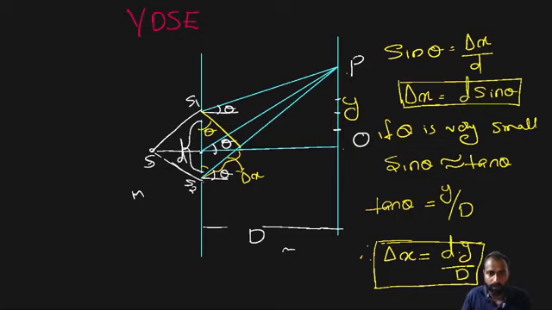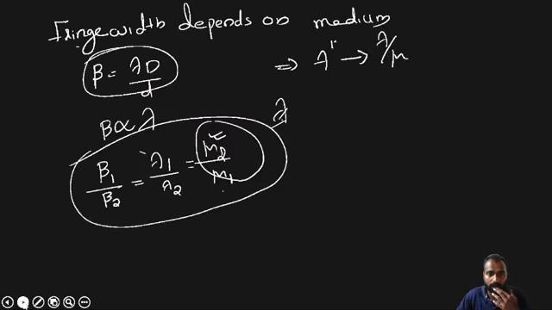When we observe from this point, we consider the angle with respect to which the fringe is located, the position of the fringe with respect to this angle.